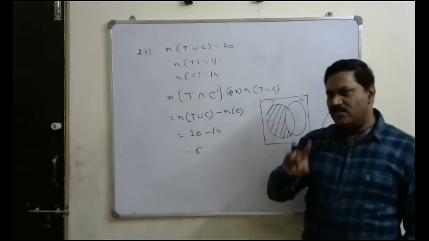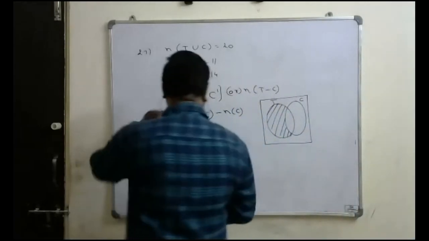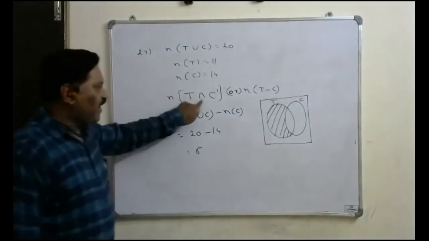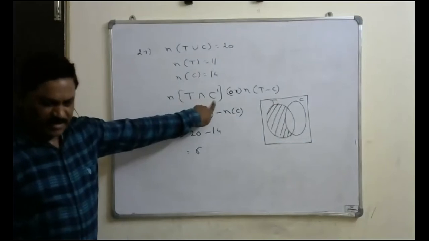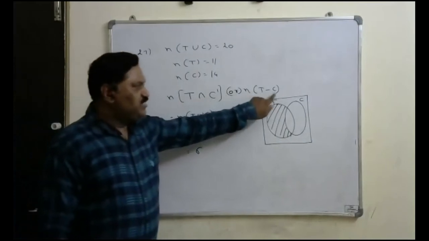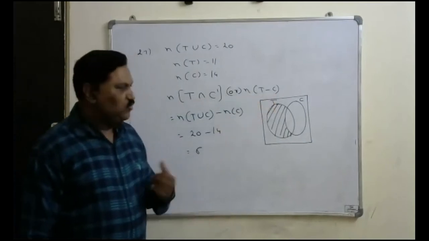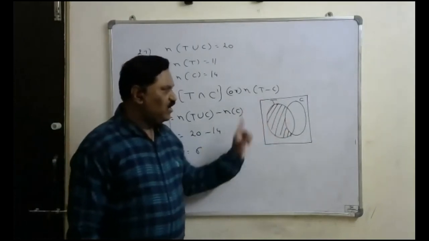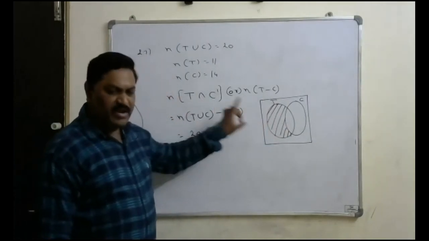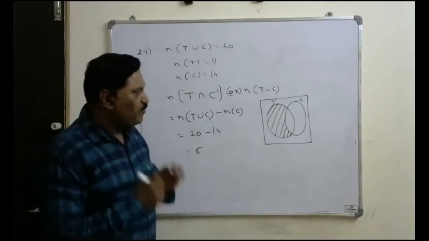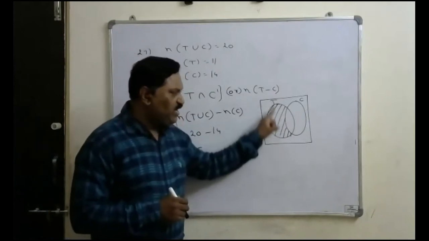Tea only and not coffee we can represent as T intersection C complement, or T minus C. Through the Venn diagram, this area represents the number of people who like tea only.